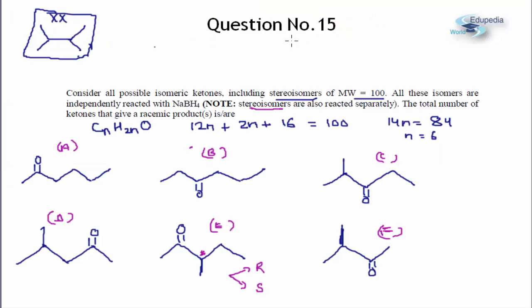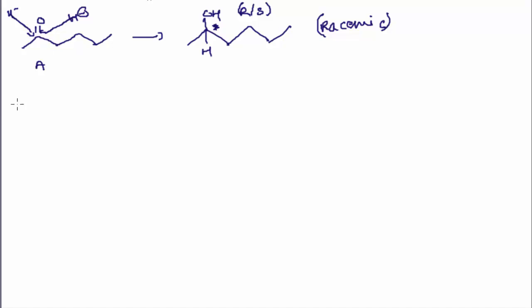Now let me look at B. If I again draw B over here, the alcohol B was of 6 carbons, 1, 2, 3, 4, 5 and 6, and I had put a double bond O over here. So a similar sort of story is going to be repeated. This is my B structure.